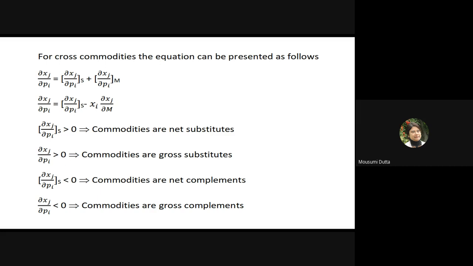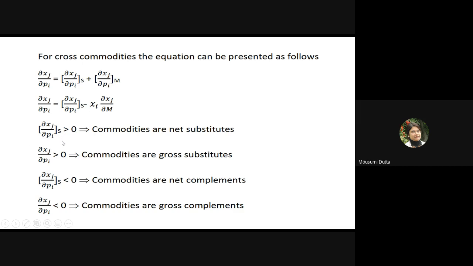Okay, people have started to substitute one commodity by the other. In that case only, the sign of this derivative will be positive. So when the commodities are substitutes to each other, there is substitutability between the commodities. In that case, this del xj by del pi will be positive.